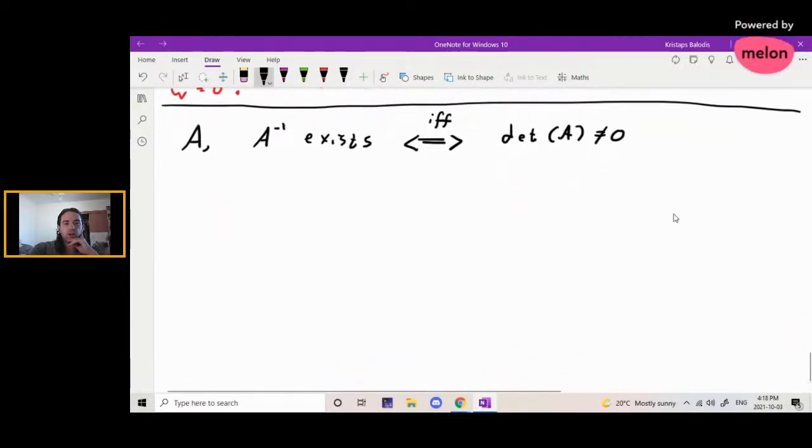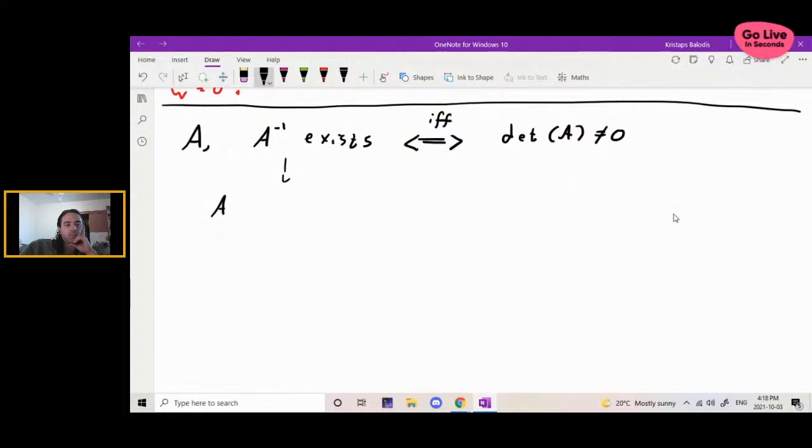And so there's something to do with the inverse of A existing and the determinant not being equal to 0. But we also have this other method of finding the inverse, right?